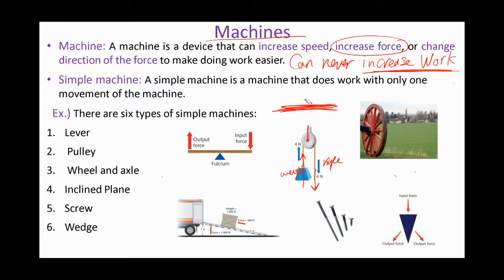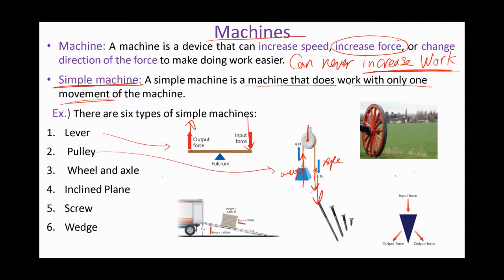Okay. Anyway, so we can divide machines into simple machines, آلات بسيطة, and a simple machine is a machine that does the work with only one simple movement. Like a lever, you push here, it lifts the weight on the other side.